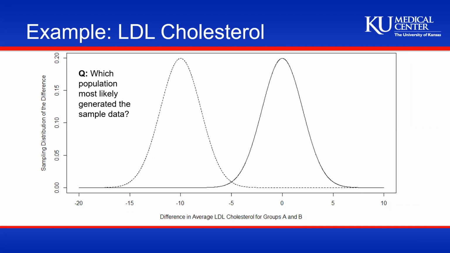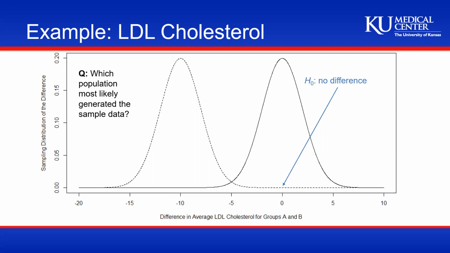So I like pictures rather than just talking about this. There are two potential realities. The reality on the right is if there really is no difference in the way patients respond to drug A and drug B. And how do I know that that's that reality?